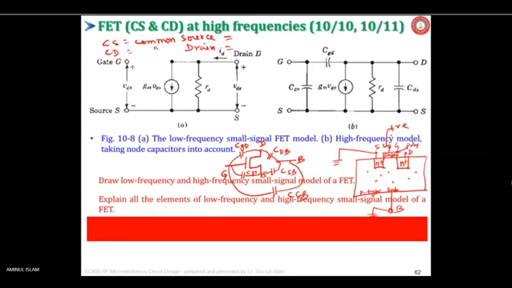But if you increase the gate voltage a little further, say VGS, the gate to source voltage, then more positive charge will be deposited at the polysilicon gate material, and the electrical field will be strong.